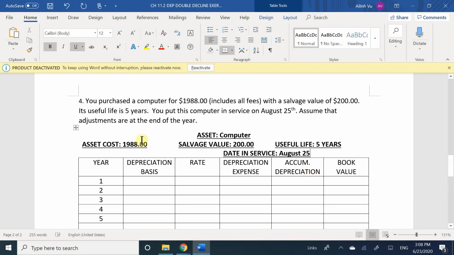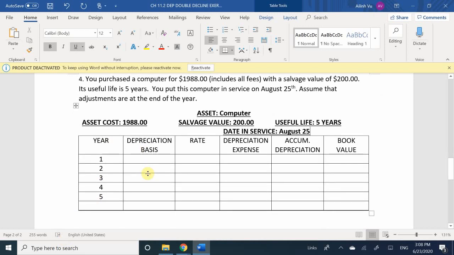So let's go ahead and solve for this. What is the depreciation basis for this one?